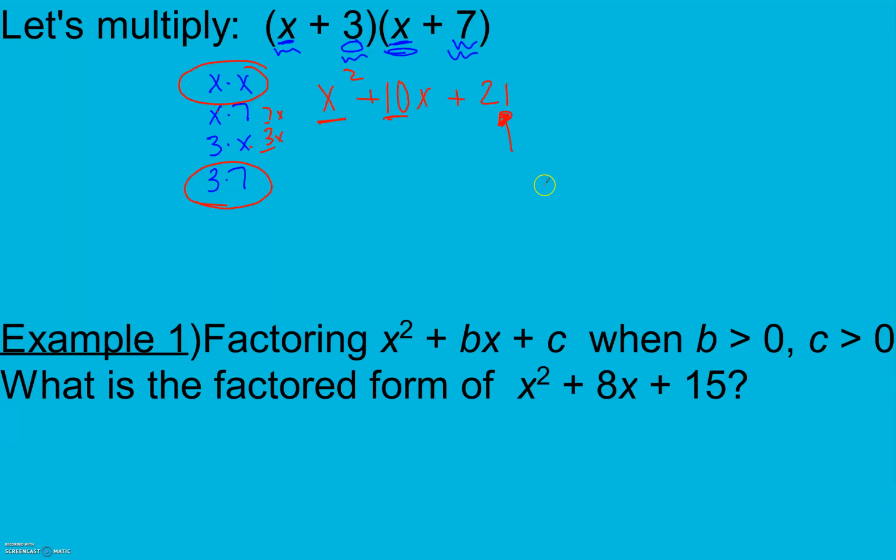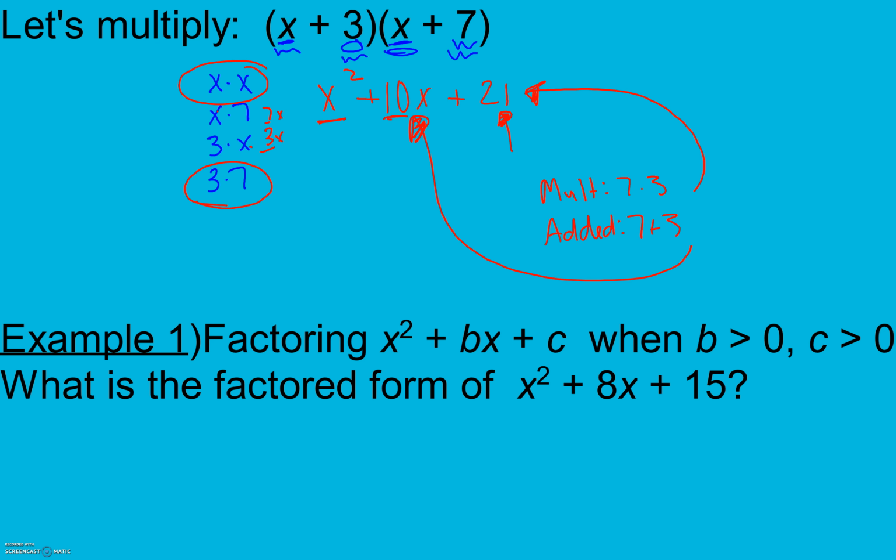So here, we multiplied 7 times 3 to get the 21, and we added 7 plus 3 to get the 10 in the middle. So we can use the fact that those numbers appear with those relationships to help us find the pieces that we would have started with if we have the trinomial.